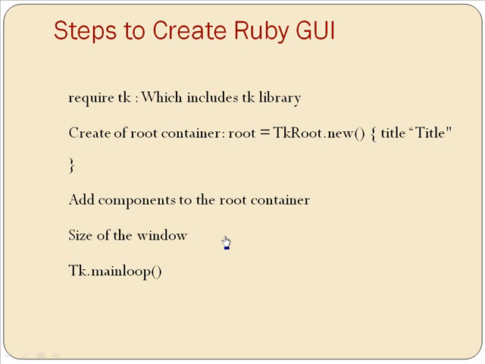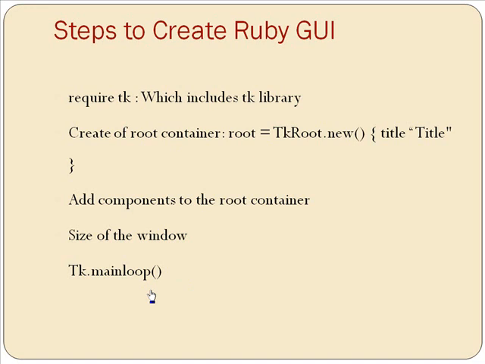What type of components can we add? We can add buttons, text boxes, radio buttons, check boxes, and so on, those regular GUI components. We can also provide the size of the window when putting together the components in the container. And then of course you have to have the main loop in order to execute everything in the root container.